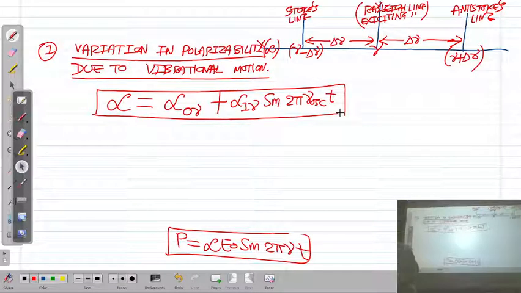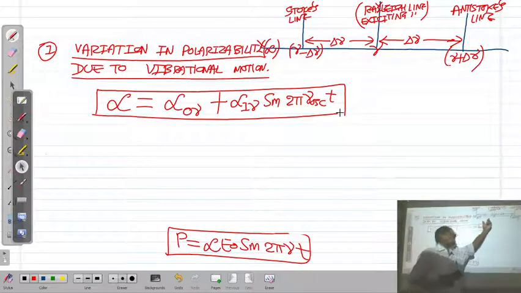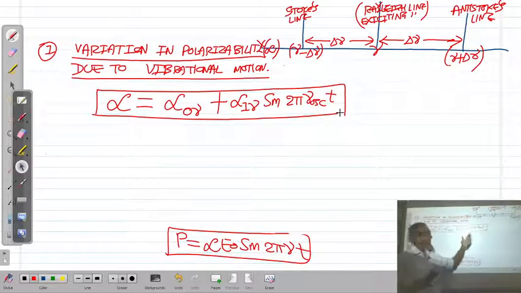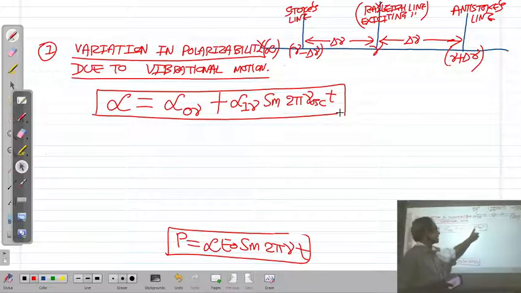Try to understand the meaning of each and every term. First, alpha is the variation or change in the polarizability alpha of the molecule due to vibrational motion of the molecule. Alpha 0 nu is a constant. Alpha 1 nu is also a constant.